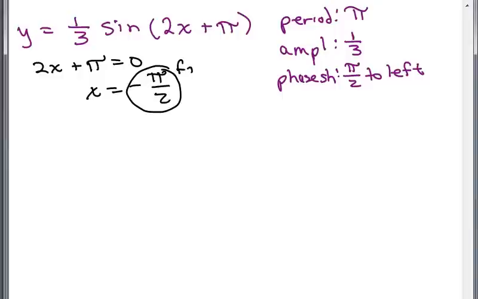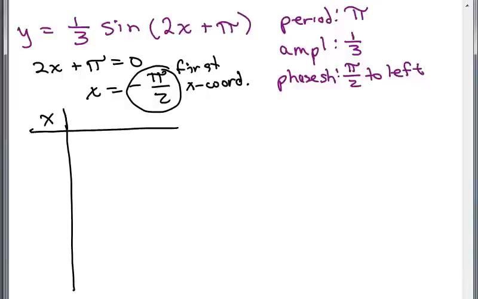This will be our first x coordinate because everything got shifted over pi over 2 units to the left, and so that is actually the first ordered pair we want. Instead of 0, we're moving to the left pi over 2, which is negative pi over 2.